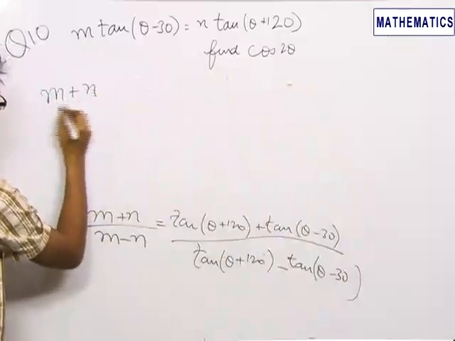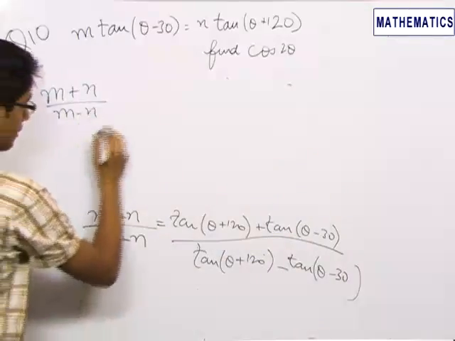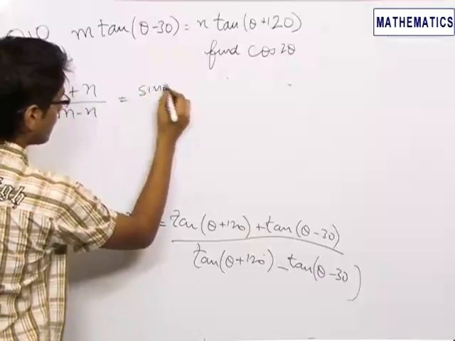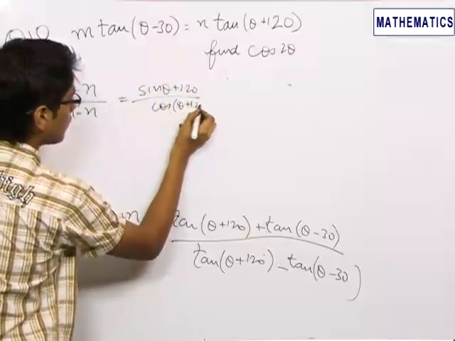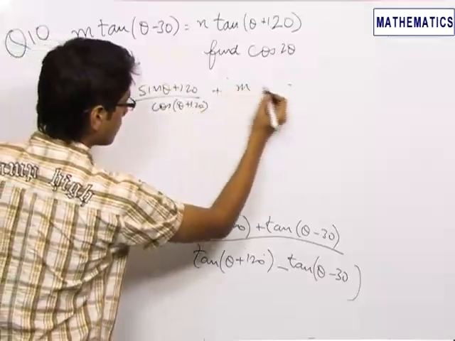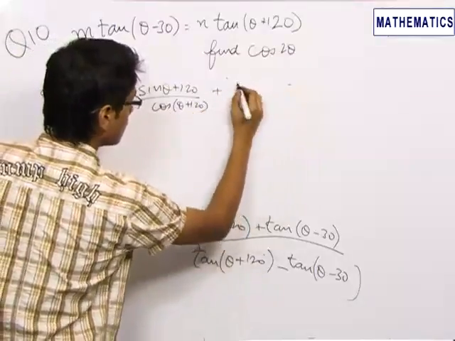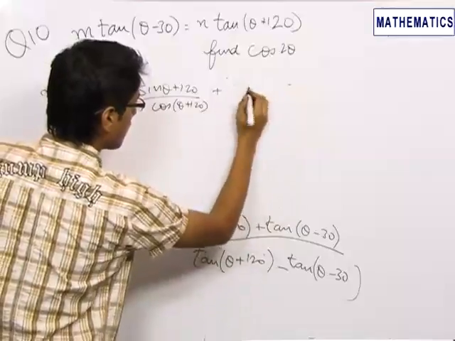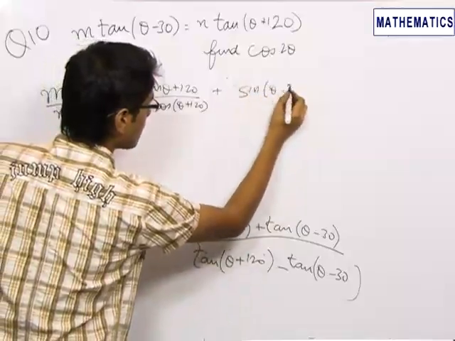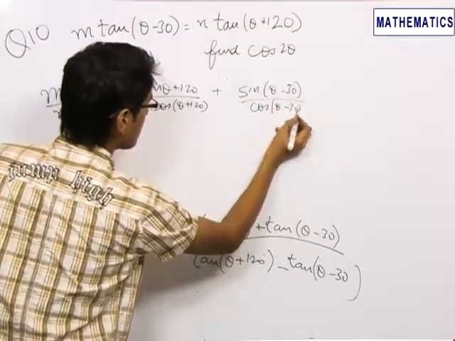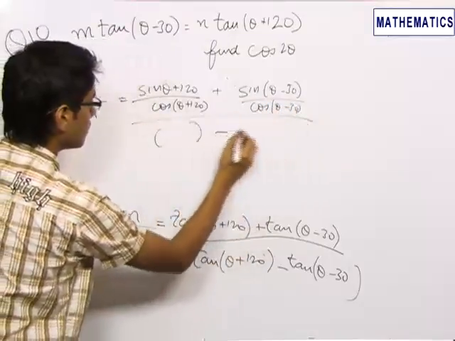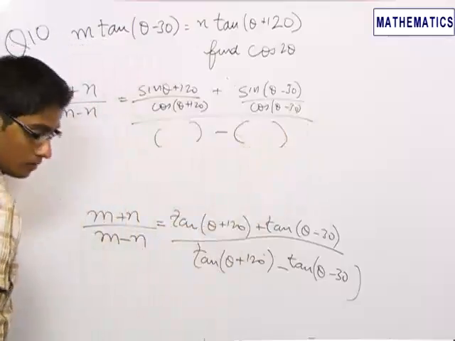Now we can convert this tan into simple sin and cos. This becomes sin of (theta plus 120) upon cos of (theta plus 120) plus sin of (theta minus 30) upon cos of (theta minus 30). Similarly, the denominator.